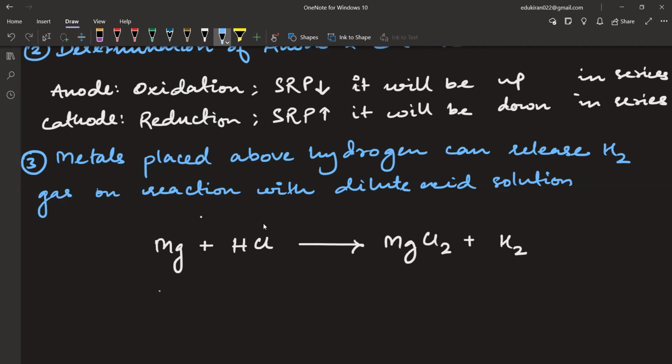Okay, but if I have, let us say, copper plus HCl, then what will you say? No reaction. Copper plus HCl will give you no reaction.